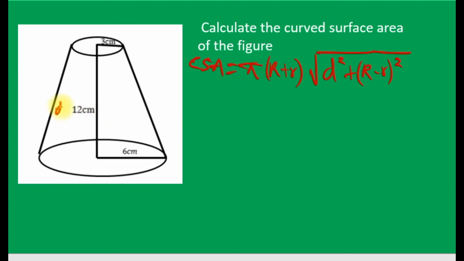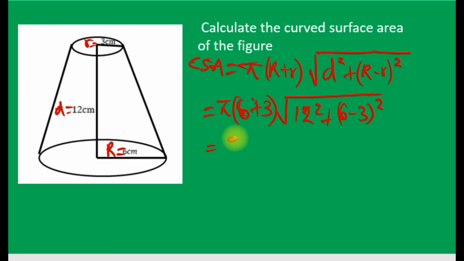Remember, here is D, this is big R, and this is small r. So big R is 6, small r is 3. So we have pi (6 plus 3) times the square root of 12 squared plus (6 minus 3) all squared.